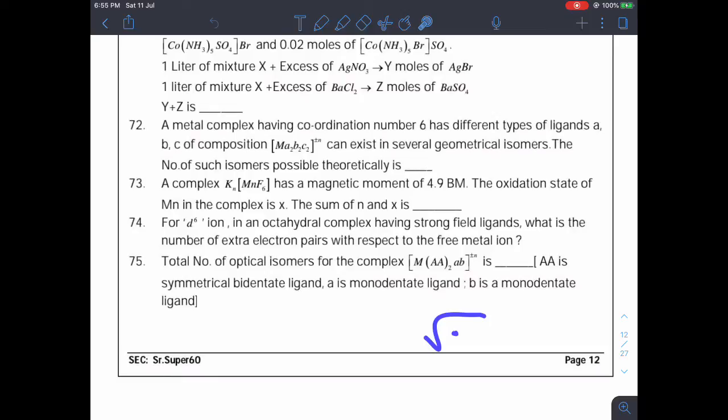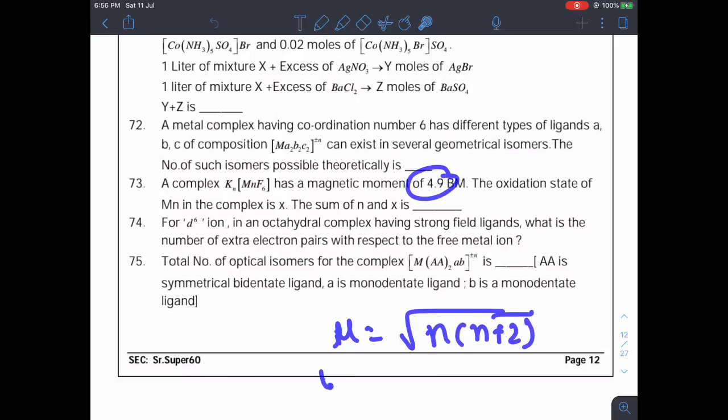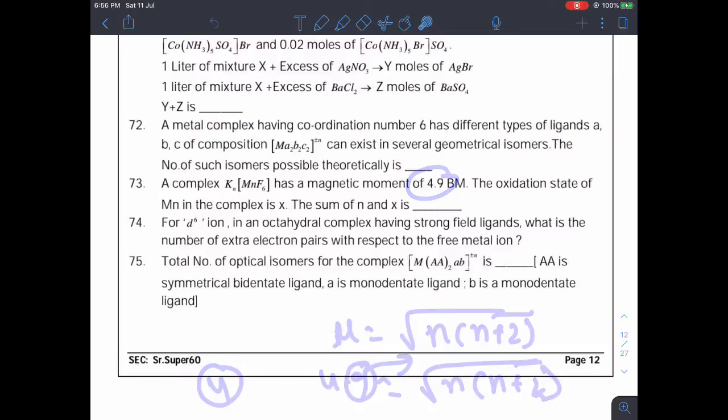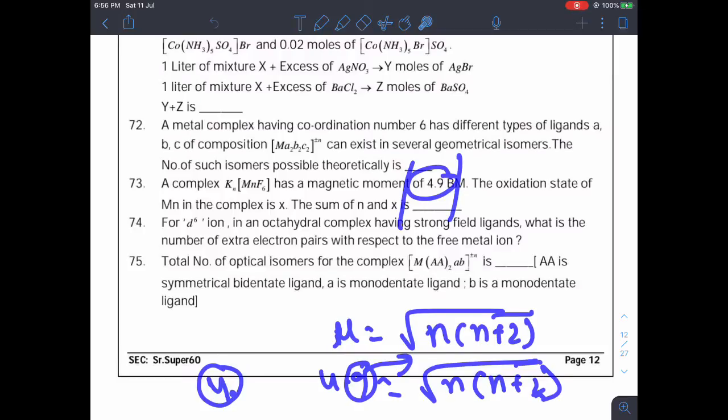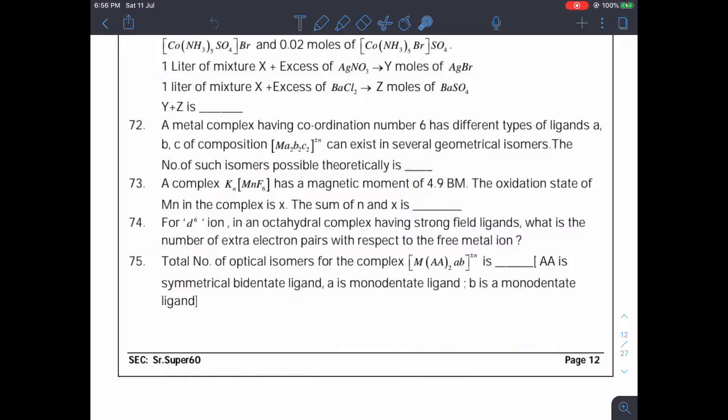If you want, you can do it as magnetic moment mu equals root over n into n plus 2, put 4.9 here and solve this quadratic equation to get the value. But how do I solve it? I have basically observed that if you take out the decimal value, whatever is left, the greatest integer, that will give us the value 4, and that 4 is actually the number of unpaired electrons. You can check it by solving the quadratic equation.